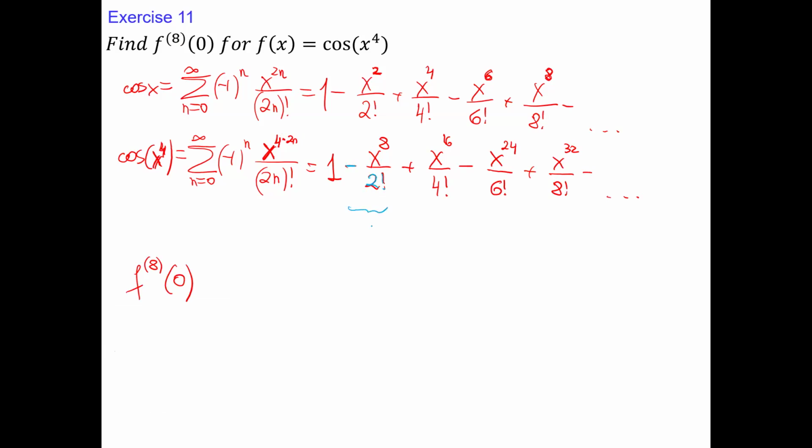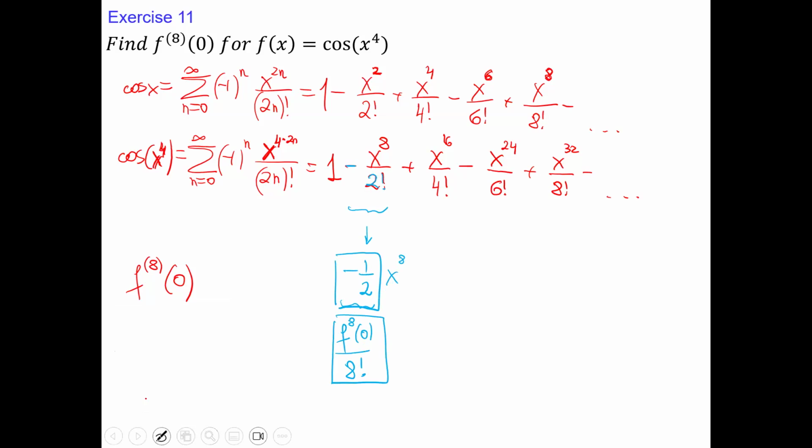I can write it this way, negative 1/2, because 2 factorial is 2, times x to the power of 8. And we also know the general coefficient: if x is taken to the power of 8, Taylor's formula gives the 8th derivative at 0 over 8 factorial. That means this negative 1/2 equals this.